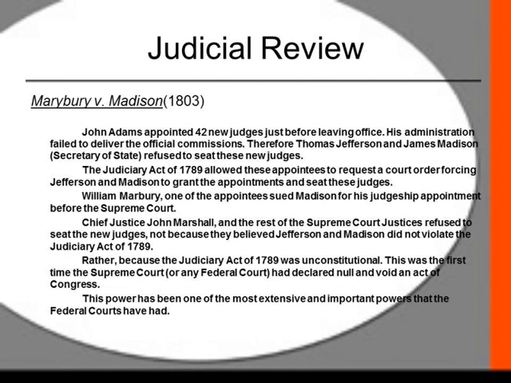Basically what happened was an outgoing president had appointed some people to be judges. The person that was supposed to deliver those appointments did not deliver them before the next president came along. And the next president refused to appoint those people or honor those appointments for judges.